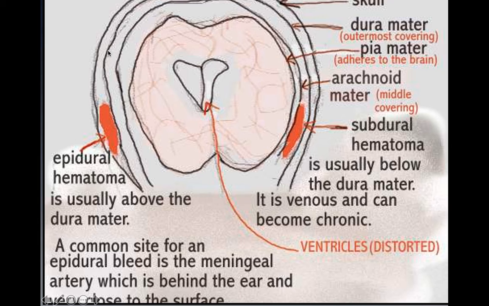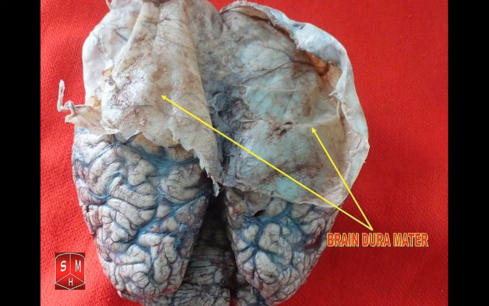So between the dura mater and the arachnoid is the subdural space, and between the dura and the bone is the epidural space, okay? These are all important because we're going to talk about hematomas that can form due to trauma and how they can affect the brain.